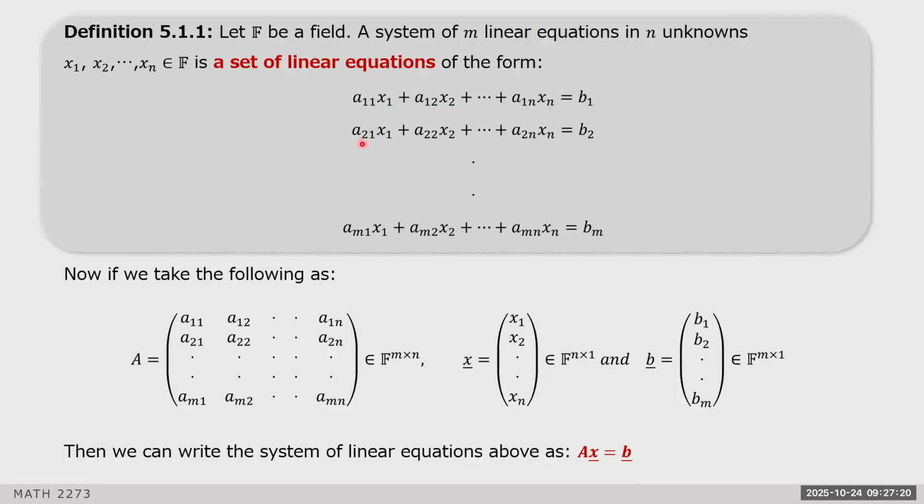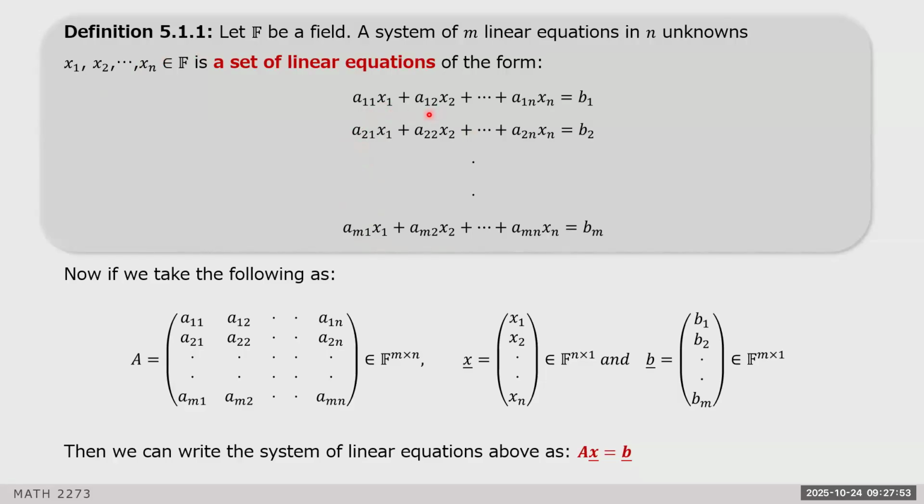So A21 tells you you are in the second equation. A2n, so 2 means you are on the second equation. Am something means you are on the mth equation, right? So the first index tells you which level you are on. The second index tells you which unknown you are the coefficient of.